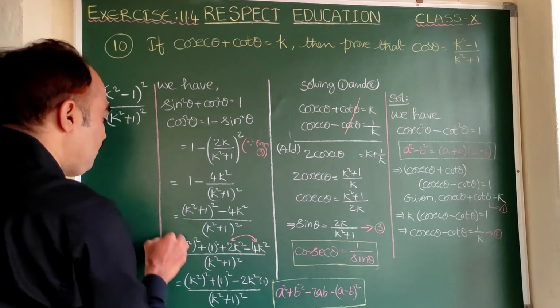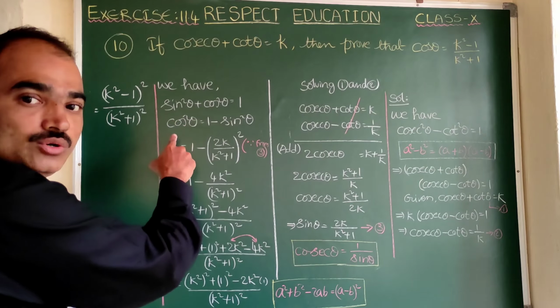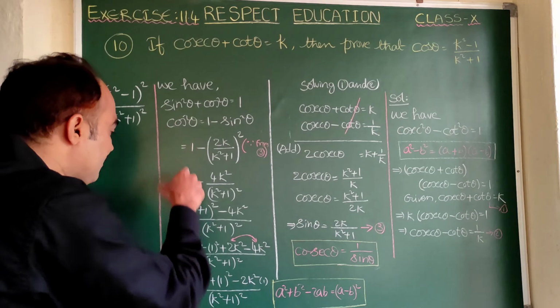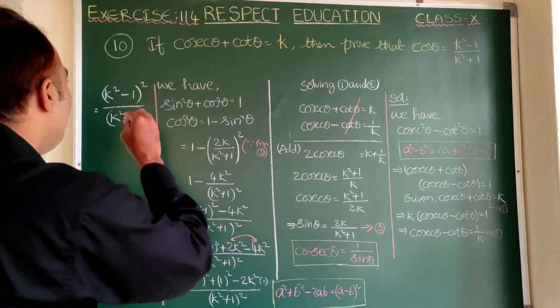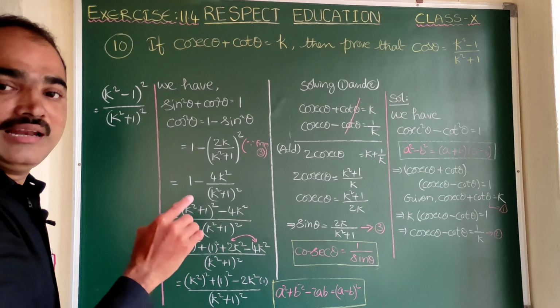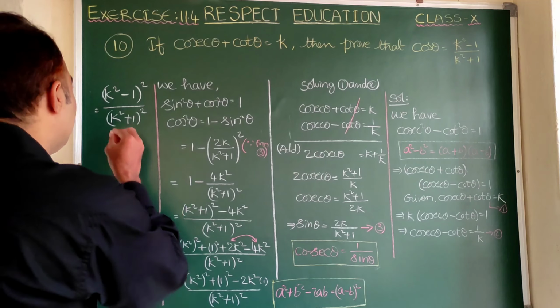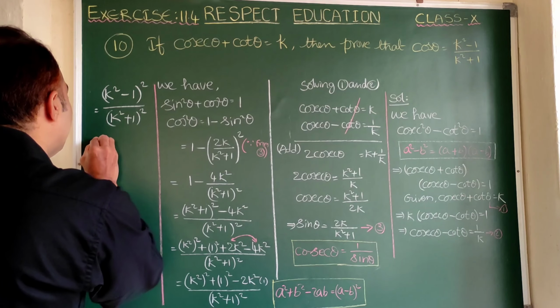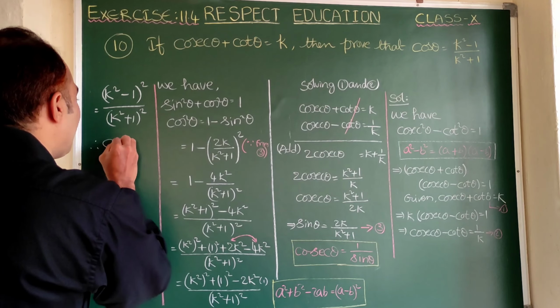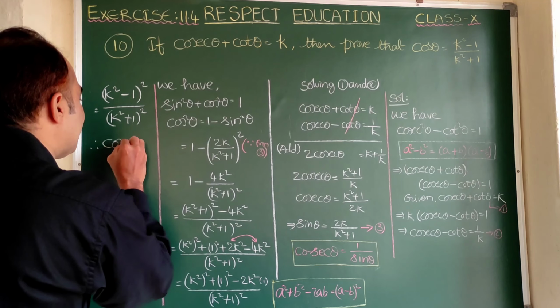This is the value of cos square theta. You don't forget the LHS, it is the cos square theta value. Now when you want cos theta, let us take square roots on both sides. Is it clear? So this is the value of cos square theta. Therefore I am writing here cos theta is equal to, let us remove the squares now.